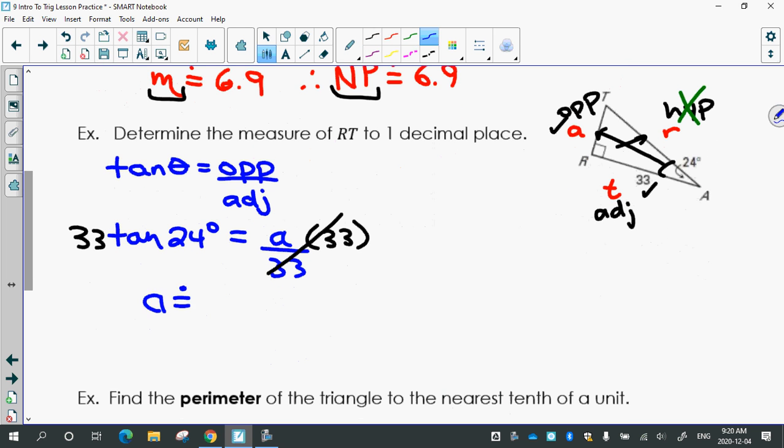And we get a is approximately 14.7. And again, there was no units, so don't put units. And you could also do what Peyton suggested and also write, therefore RT is approximately 14.7.